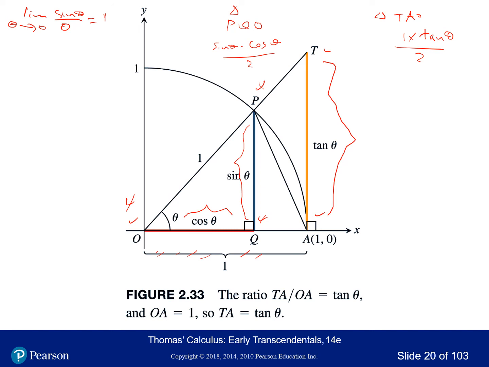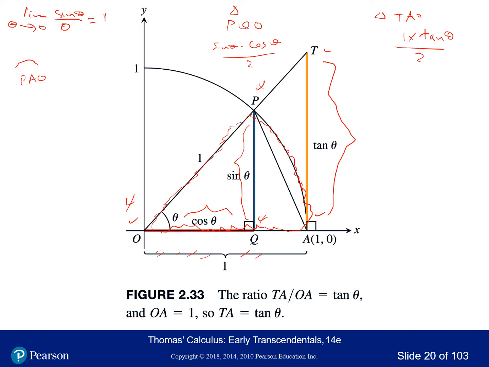Now we will look at the area of the sector. The sector is the curve. So for this curve, we're going from P and then to A and then to O. That means we're looking for the area of this sector. This is a sector. Okay, we want to look at the area of this sector. The area of this sector depends on the ratio of the angle.